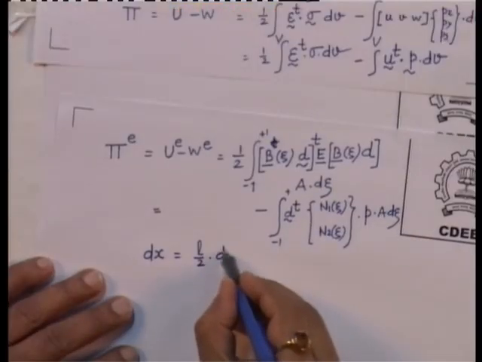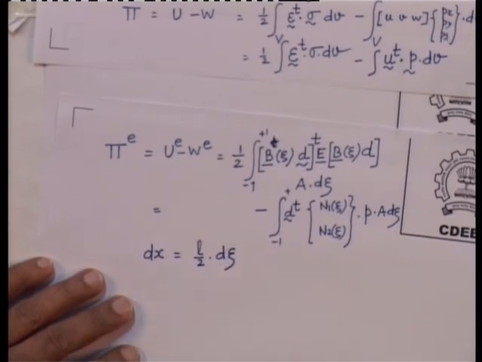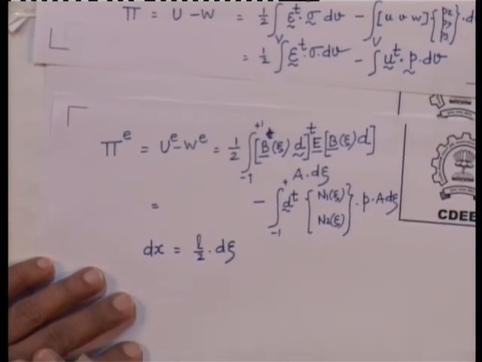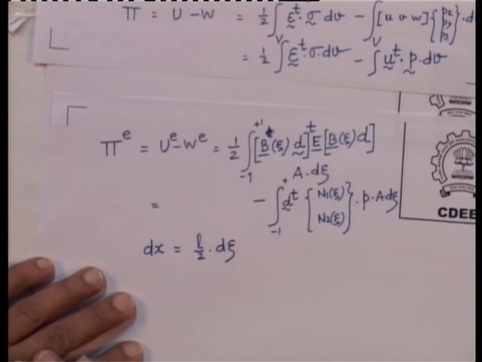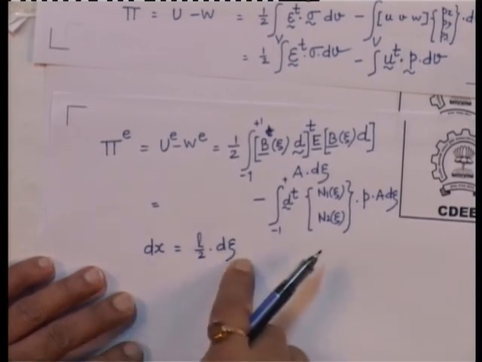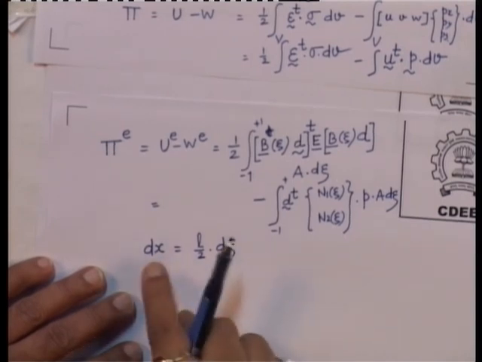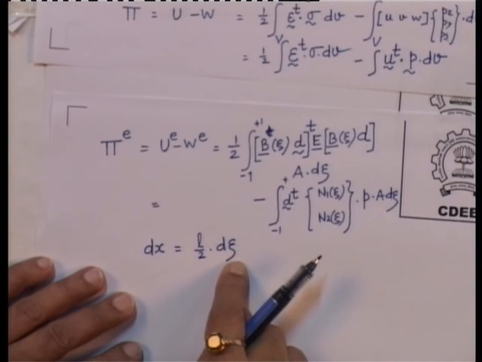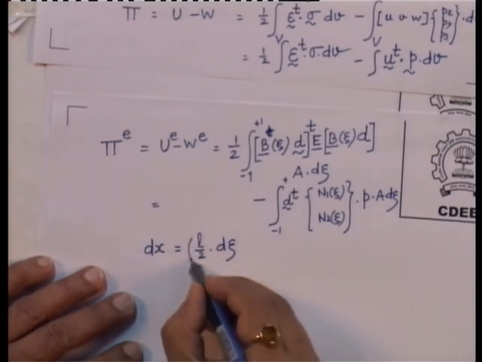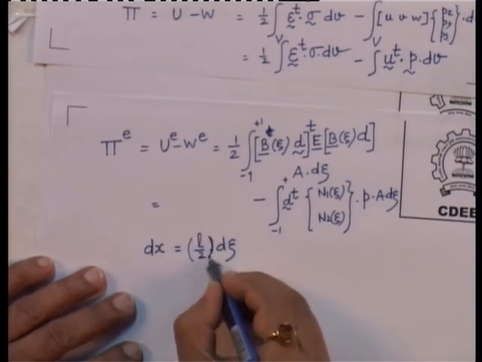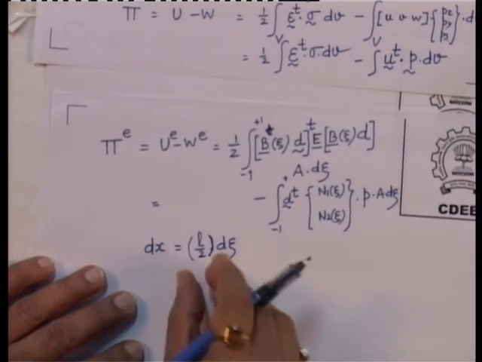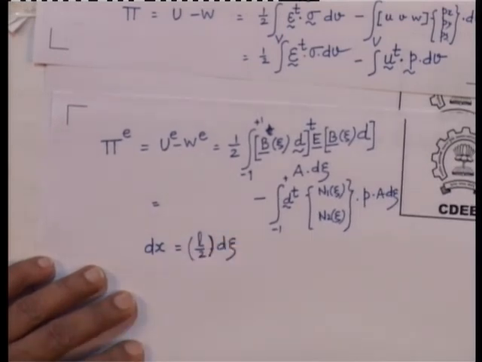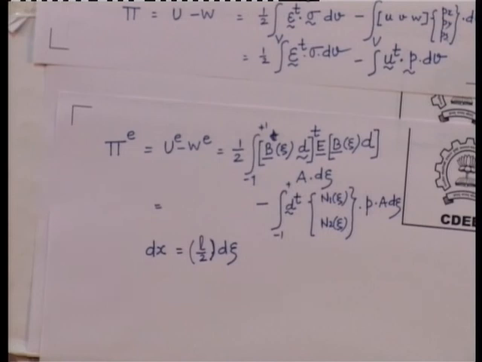What is the relationship between dx and psi? dx is L by 2 times d psi. Yes or no? Yes, it is. So wherever dx is there, you will have to multiply by L by 2.